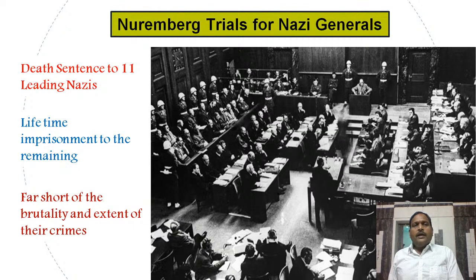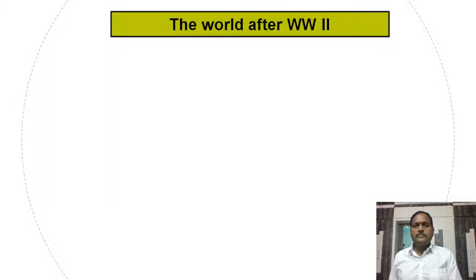In that court, the death sentence was given to 11 leading Nazis, and many others were given life imprisonment. But of course, for the crimes they have made, it is very little. The punishment is very little for them.